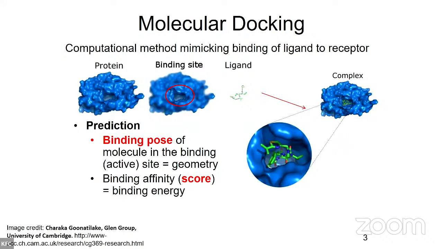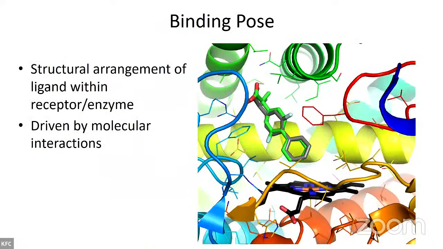And we want to get some kind of knowledge about the energy of that pose. So we want the binding energy, but quite often we don't get binding energy per se, which would be really precise, but we get some kind of a score that is an approximation of it. The binding pose is usually how the molecule looks like.